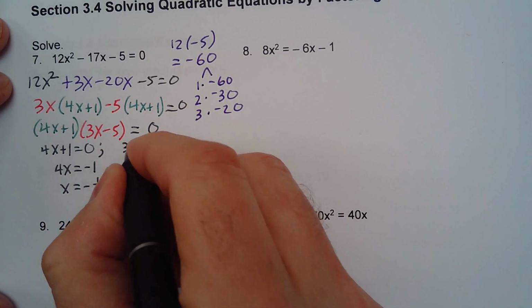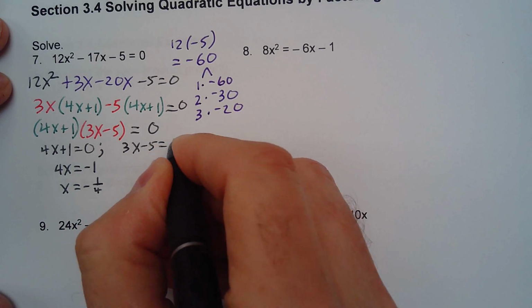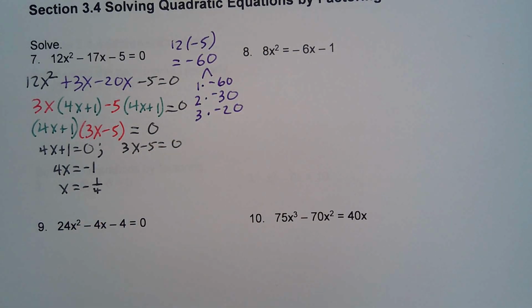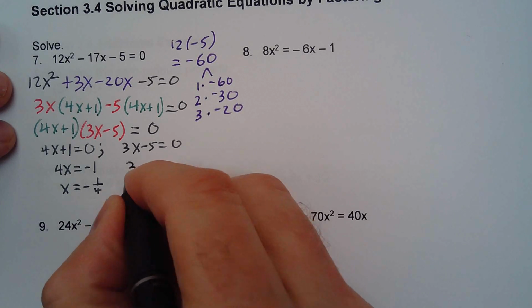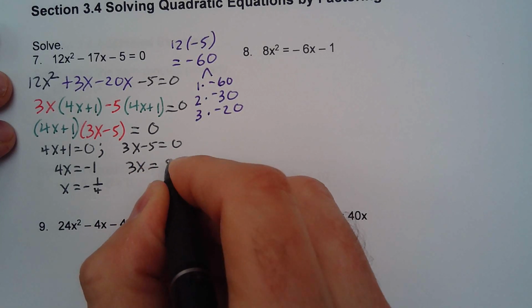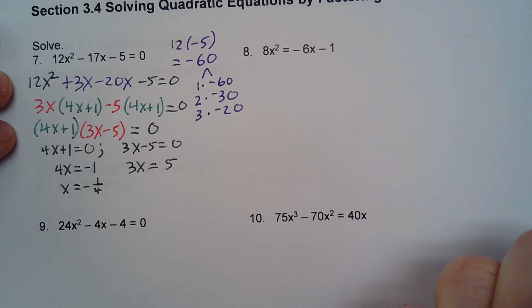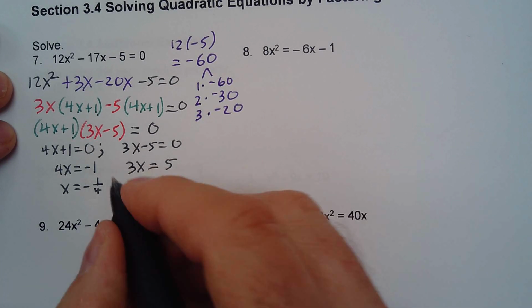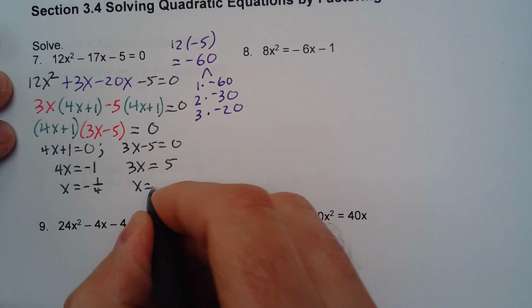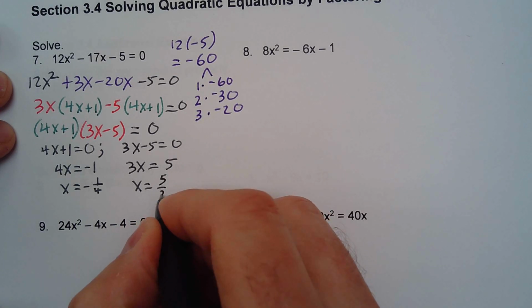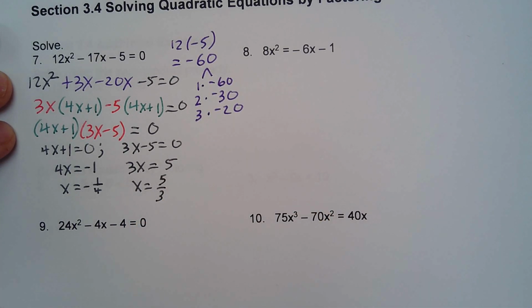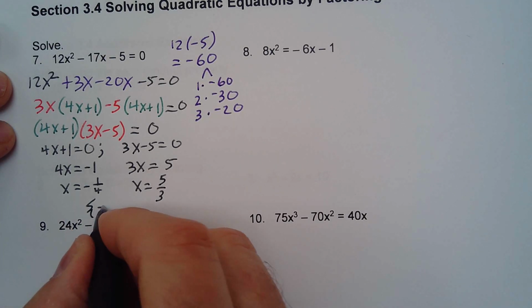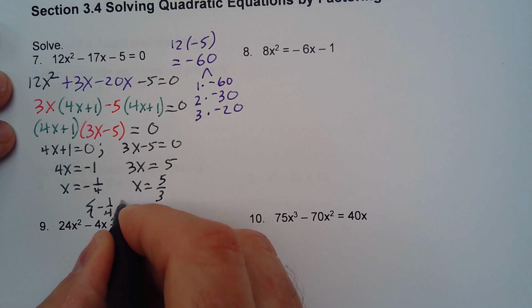The other one, I'm going to set 3x minus 5 equal to 0 and solve. We're going to add 5 to both sides and then divide both sides by 3. So our two answers are negative 1/4 and 5/3.